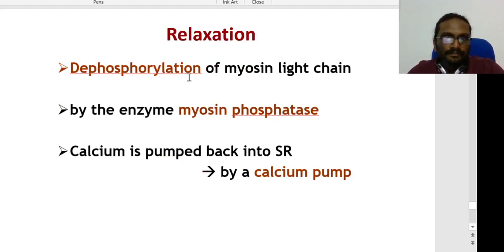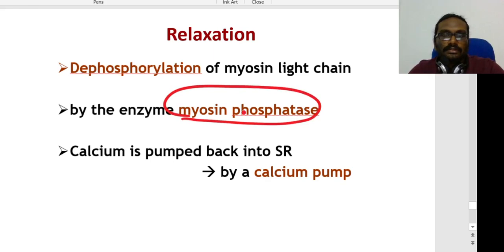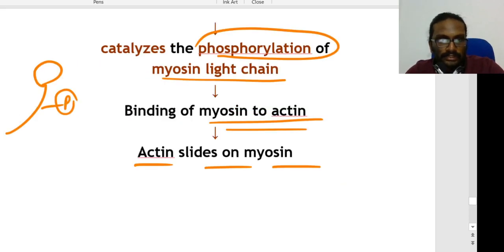Relaxation, what is happening? Dephosphorylation of myosin light chain. Dephosphorylation brought about by myosin phosphatase. So how does this happen? Come to the same diagram here. Yes.